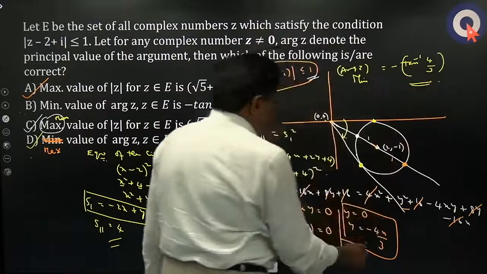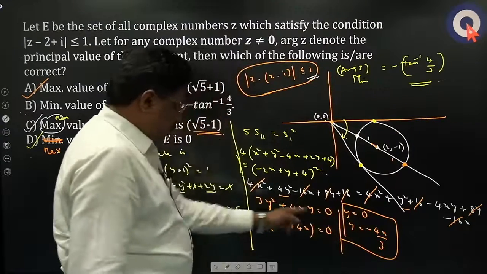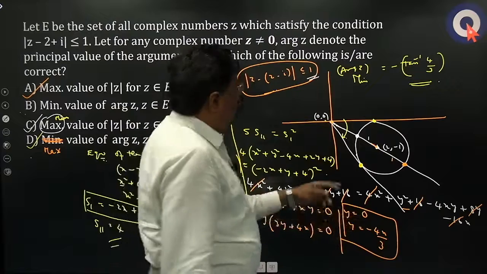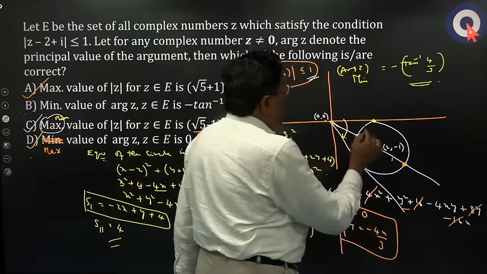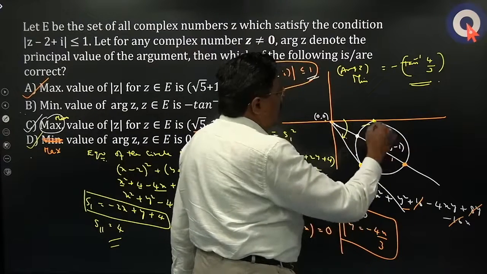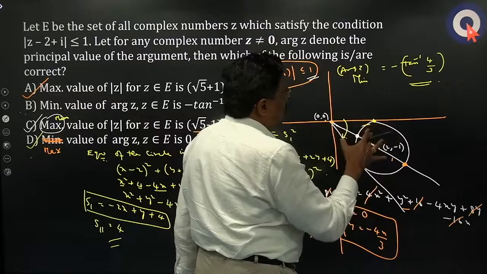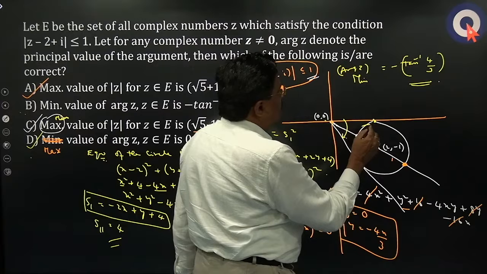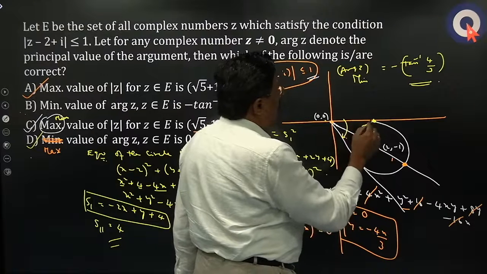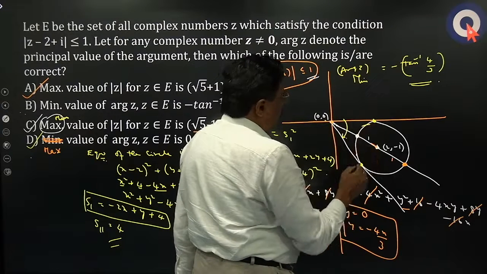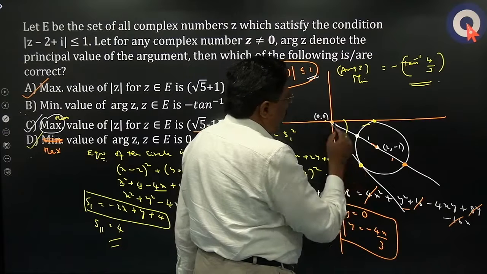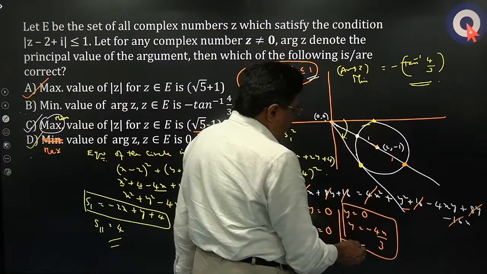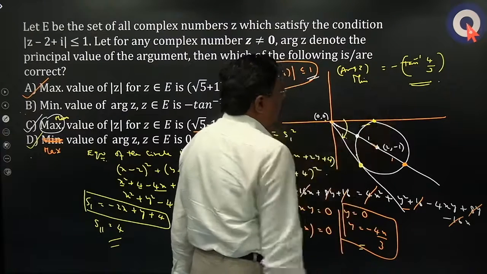So this is the minimum value of arg Z. So Z can be anywhere on this plane. Once again, on this disc, this is the disc and the locus of Z is this disc. Now if Z is here, arg Z will be maximum and when Z is here, arg Z will have minimum, and that minimum value of arg Z is minus tan inverse 4 by 3.